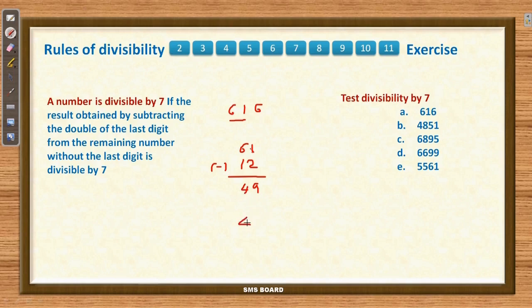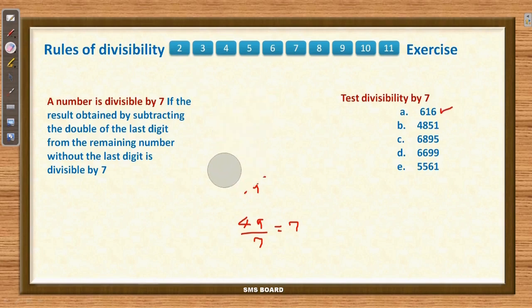You know 49 divided by 7 is equal to 7. So the result obtained by subtracting the double of the last digit from the remaining number without the last digit is 49, which is divisible by 7. So the number is divisible by 7.